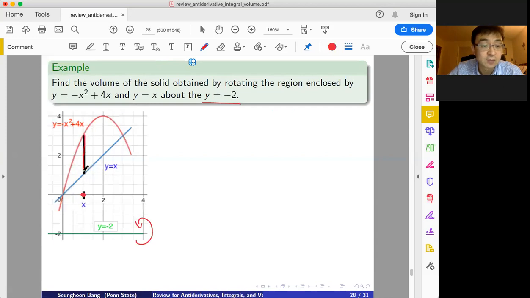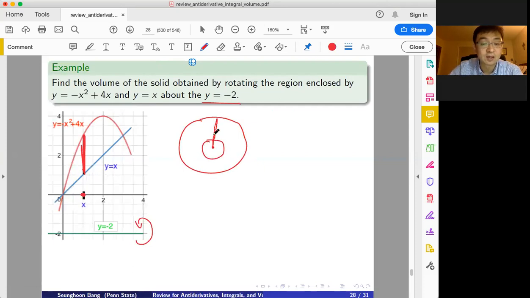We have a segment. We have a gap between the segment and the axis, so we have a washer. You have to rotate this segment about the rotating axis, y equals negative 2. What happens? This segment makes a washer. So we have a big circle and a small circle.